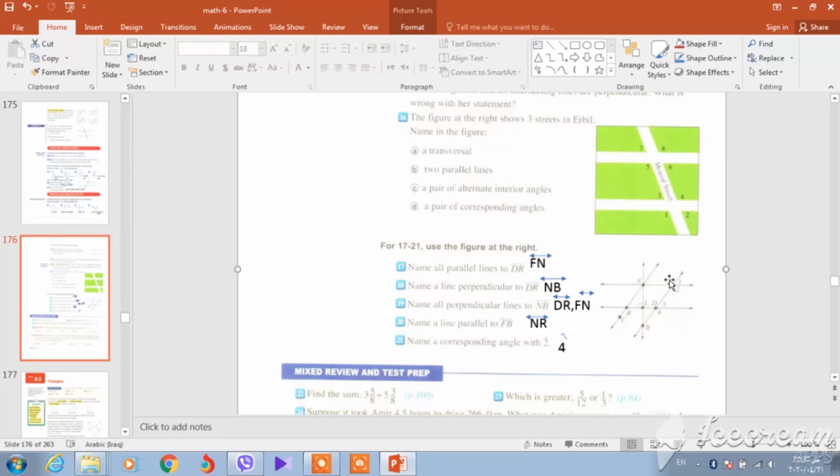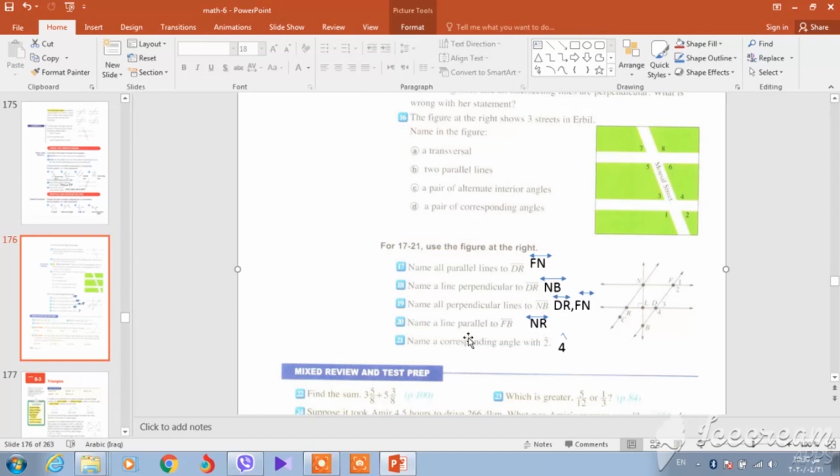This is FB. Name a line parallel to this: NC, or you can say NR. NR is parallel to FB. Line FB and line NR are parallel lines.